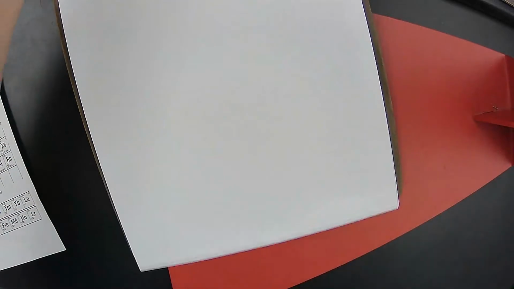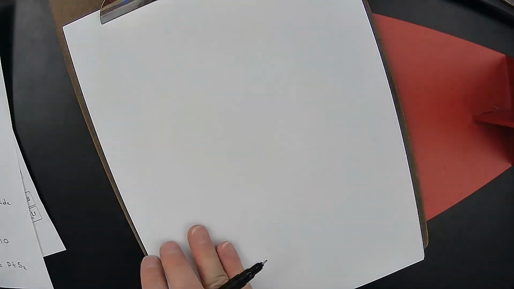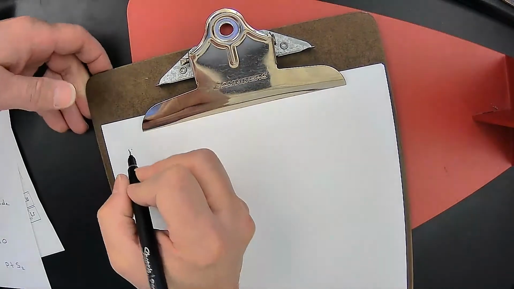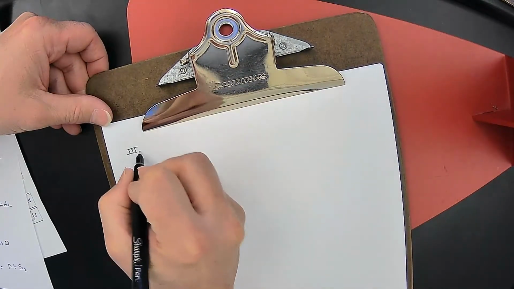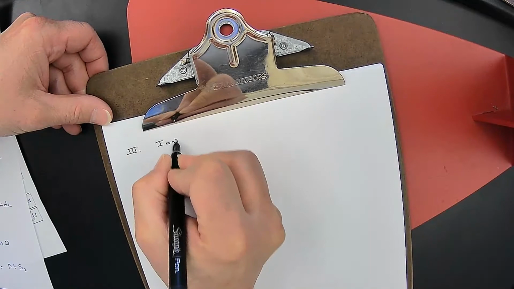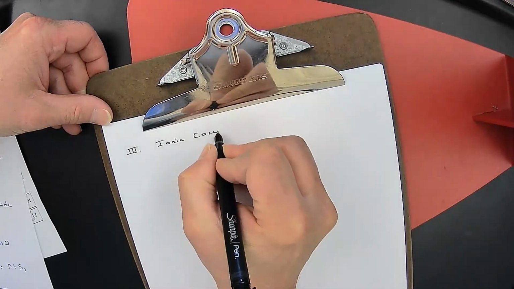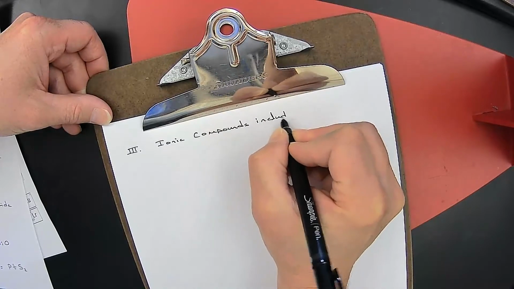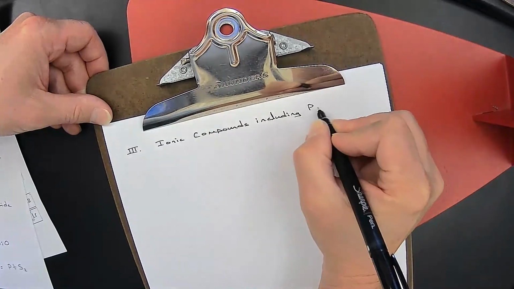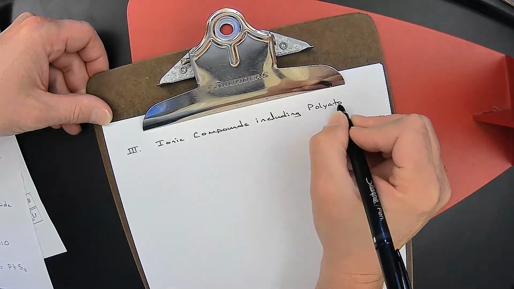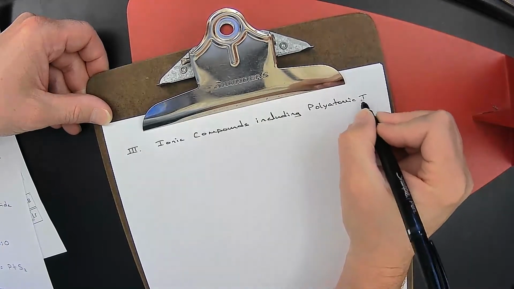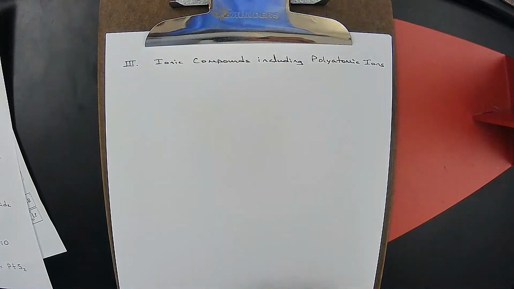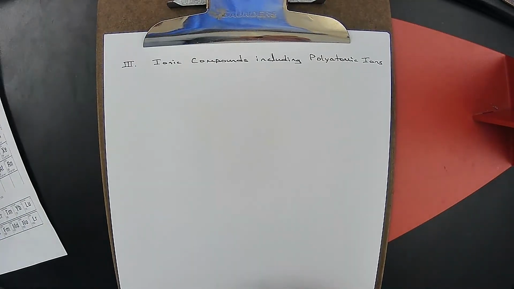Finally, the last piece is ionic compounds including polyatomic ions.